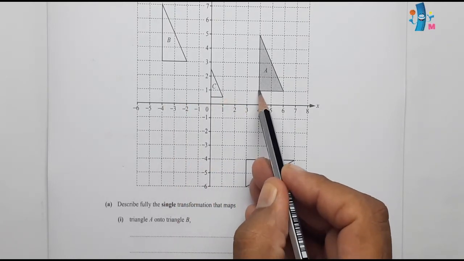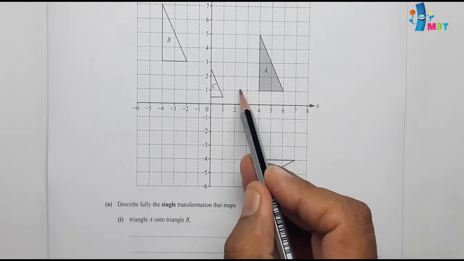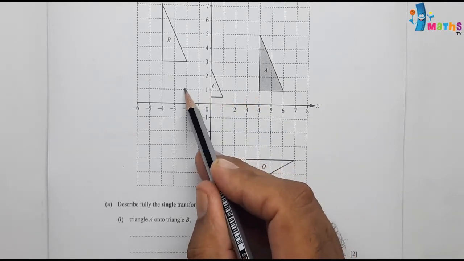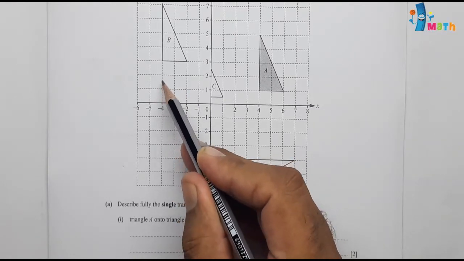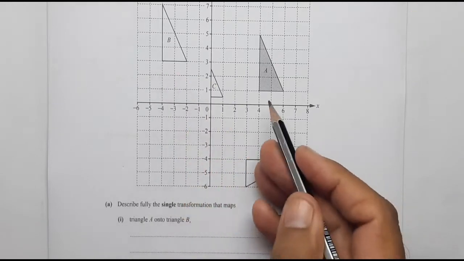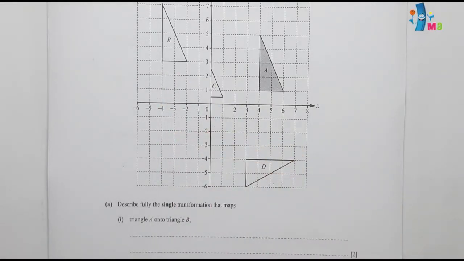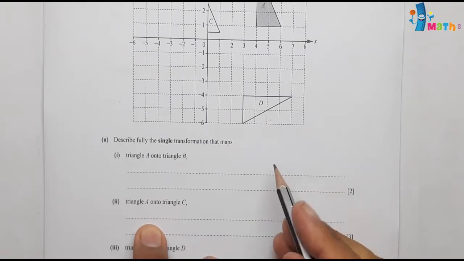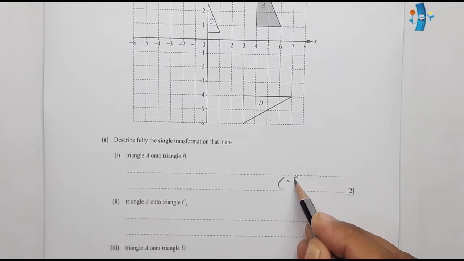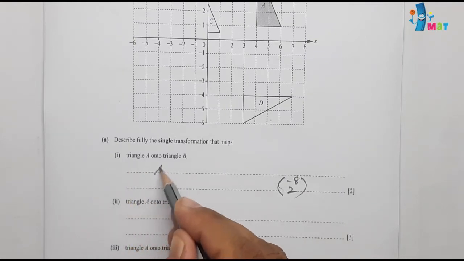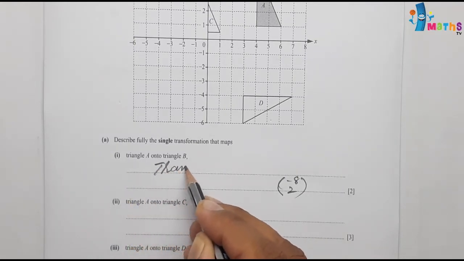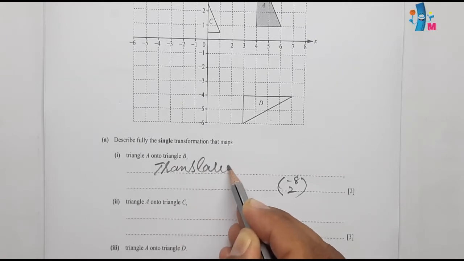See this corner, if we check this corner, 1 2 3 4 5 6 7 and 8 units to the left, and 1 and 2 units up. So minus 8 and 2. We can write here minus 8 and 2. Minus 8 because 8 units left, and 2 because 2 units up. And this is a translation. So we can write translation.